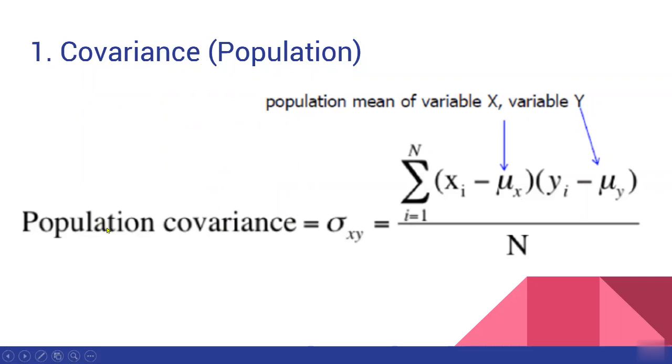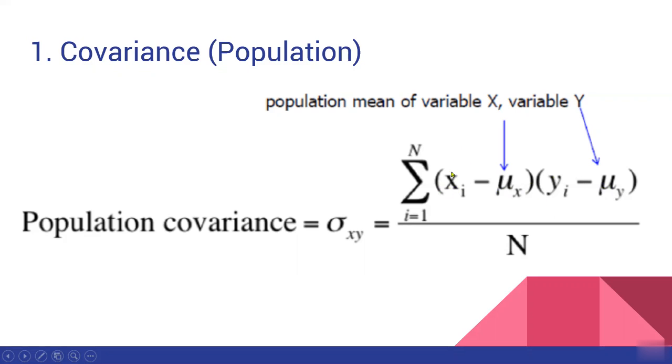of covariance for population. Okay, the population covariance is denoted as sigma xy, and sigma xy equals 1 over n times the sum of the two parts here. First part is xi subtracted by mu x. Second part is yi subtracted by mu y.